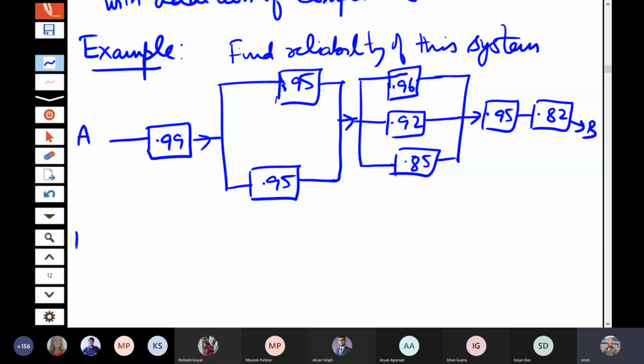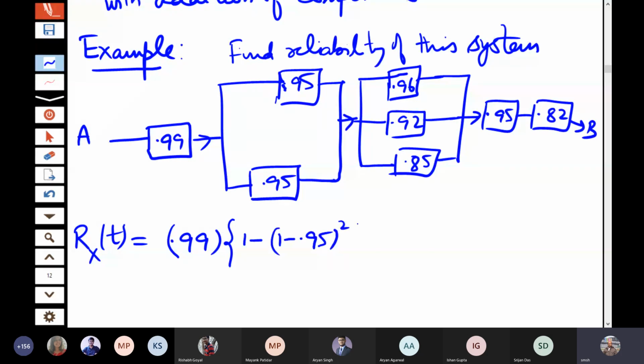So the system reliability will be 0.99, that is this first one. Then the second one, where you have two of them connected in parallel, so 1 minus 0.95 square.